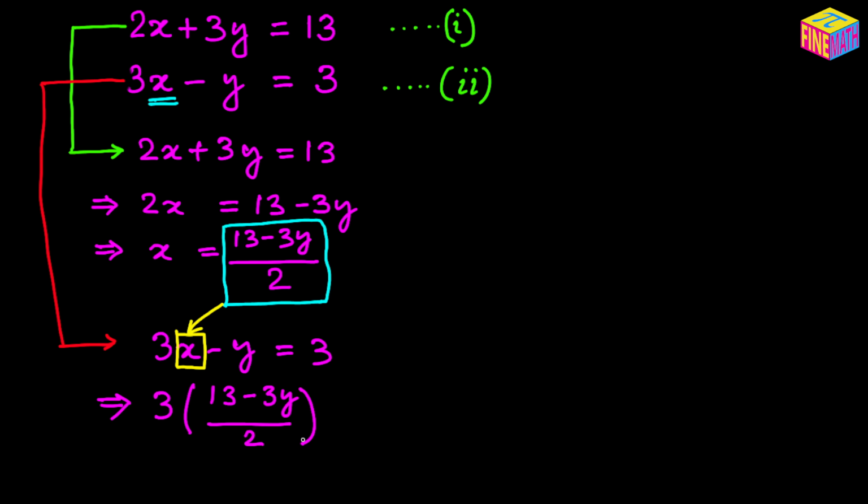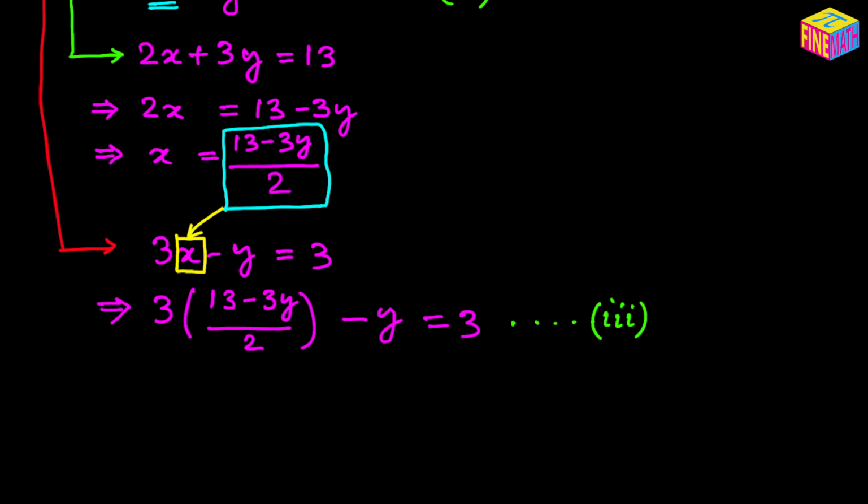So this is 3x minus y is equal to 3. This is our new equation, let's say equation number 3, and we are going to solve it to find the value of y, because if you look at this new equation 3, there is no x, everything is y. So we should be able to solve for the value of y.